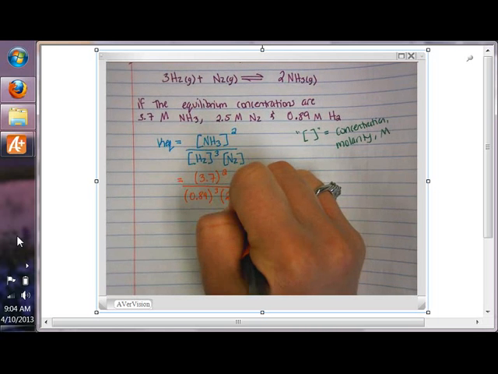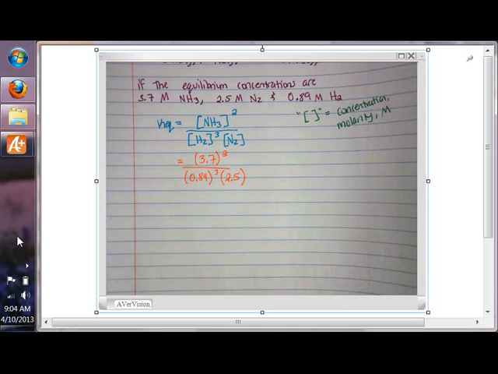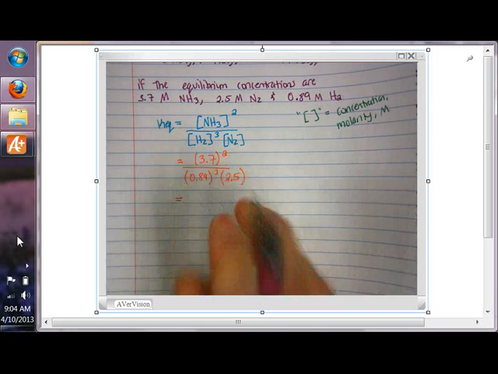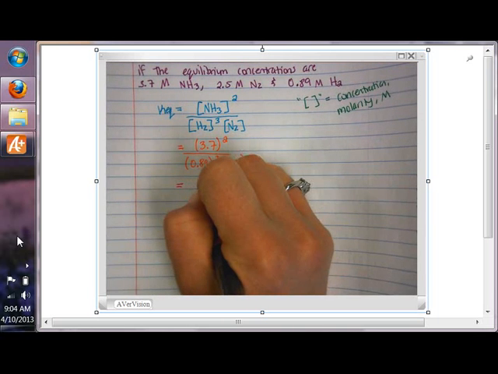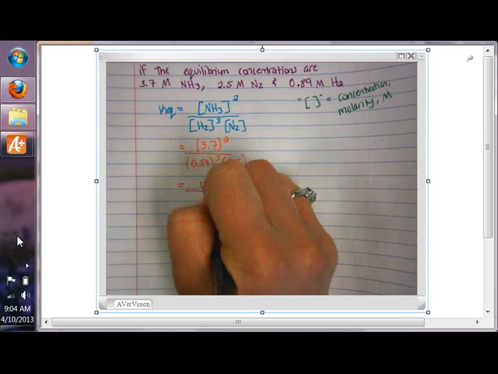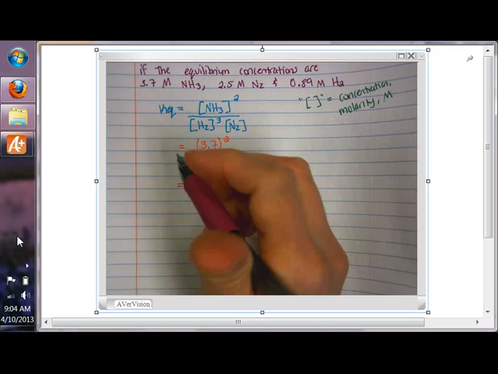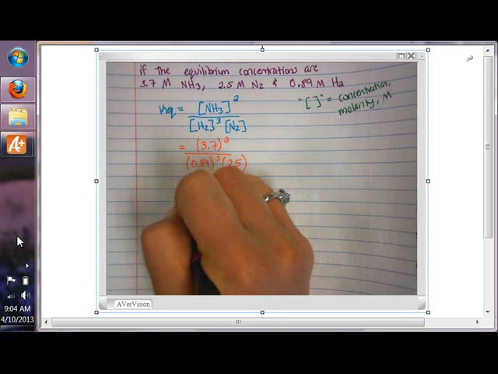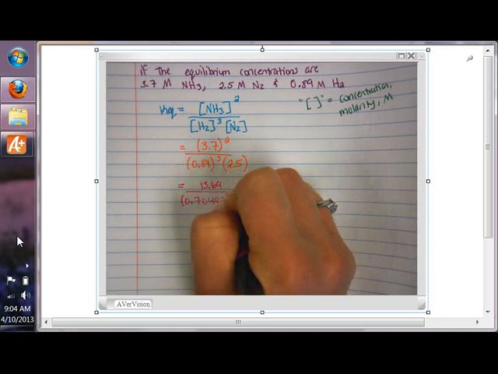So I take this step by step just so that way I don't make any mistakes. The first thing I'm going to do is the 3.7 squared, and that gives me 13.69 all over. And then I'm going to do the 0.89 cubed, and that gives me 0.70497. And then just times the 2.5.